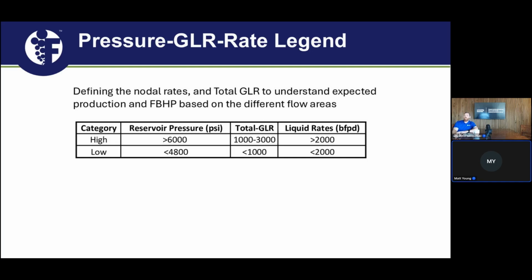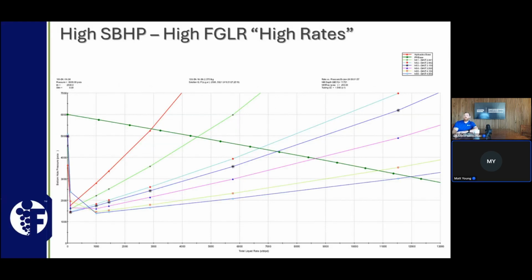So let's look at some graphs now, and we'll spend the rest of the time looking at some of the different graphs in terms of production rates and things like that. One of the first well types we used was a high reservoir pressure, high total or formation GLR, and high liquid rate well.